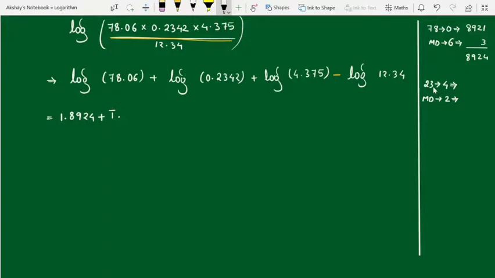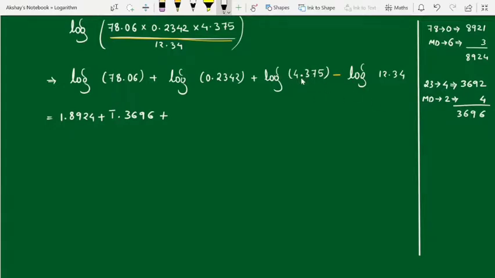So 23 under 4, 0, 1, 2, 3, 4. I have 3692. Okay. Next, mean difference value 2. I have 4 here. So the final answer 3696. So substitute the value here, 1 bar point 3696. Okay.